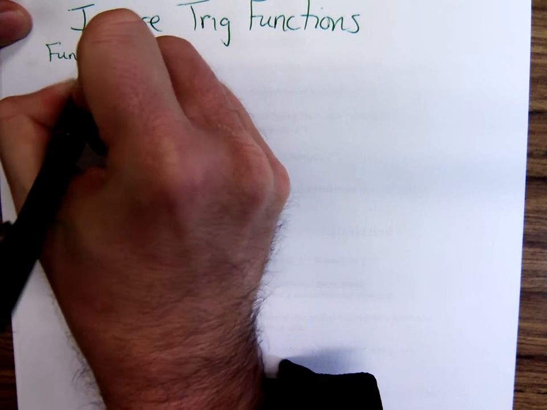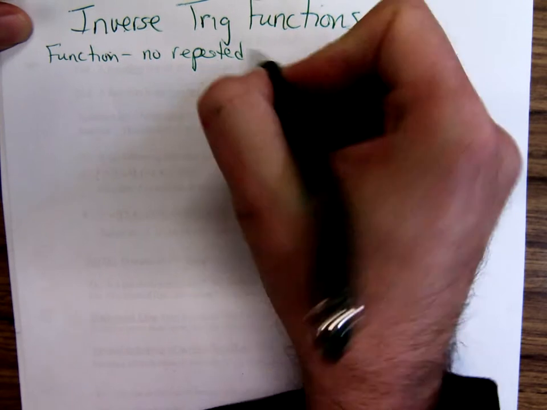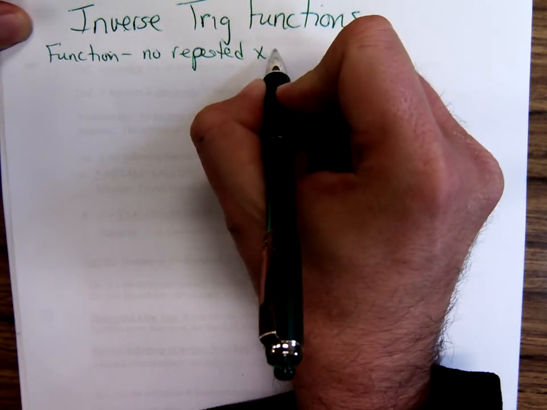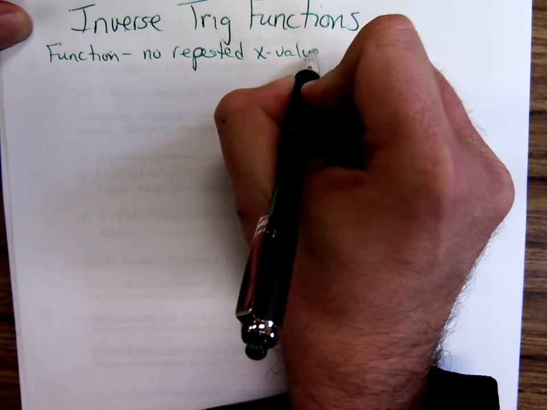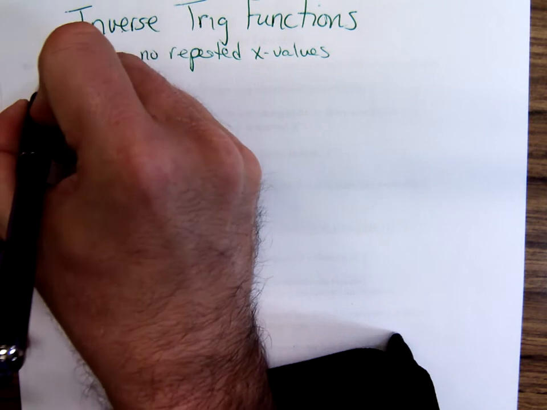has no repeated x's. Every x value gets only one y value, no repeated x values. We said a function is 1 to 1 means no repeated y values.